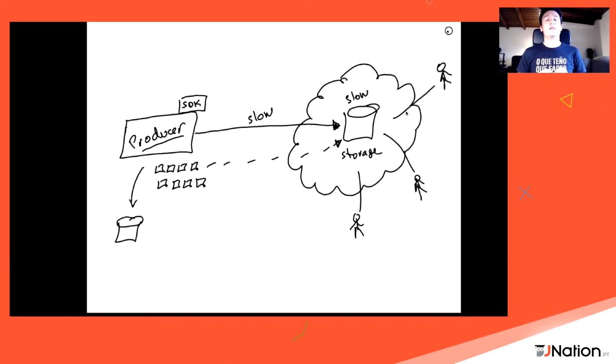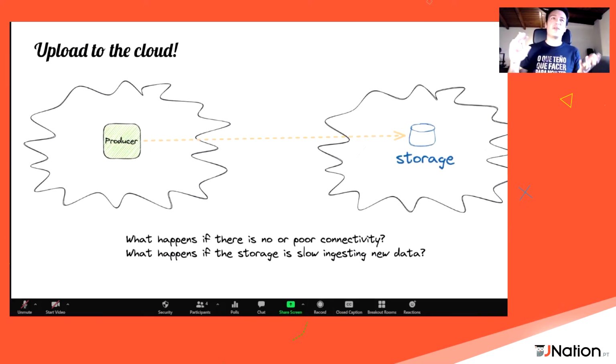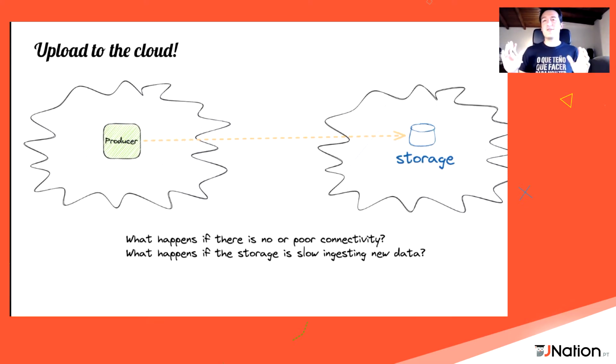So one of the improvements I usually propose is to use a service like Kafka. But let me first cover the basics here. I know my drawings are not exactly the best out there, so I have also slides for you, but it's exactly the same thing. We have our producer sending data to our storage.